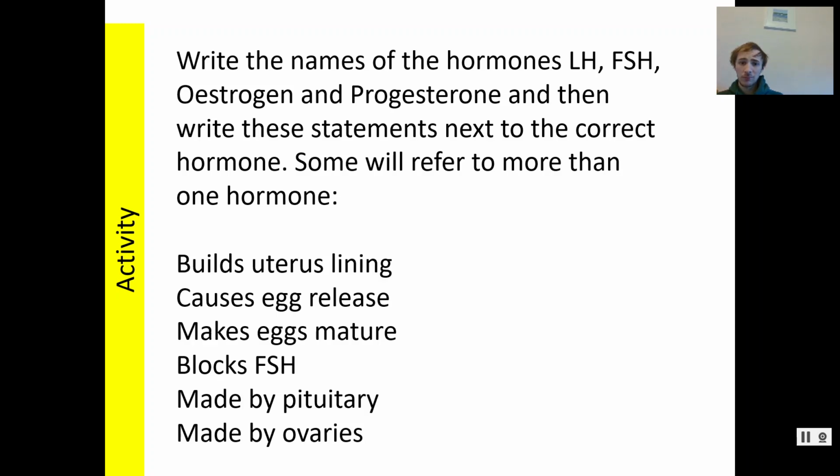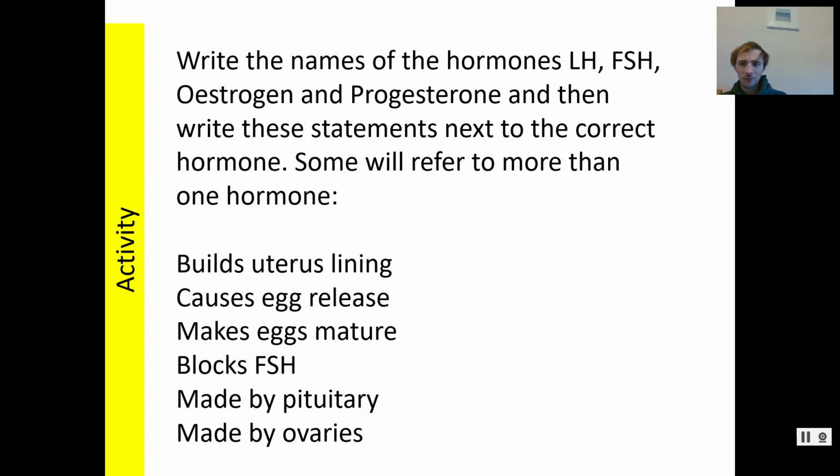Made by the pituitary. Now, that's a very interesting question, and it's slightly different. And this is something I should have mentioned earlier. Both LH and FSH are released by the pituitary. And this is where we come to a helpful memory thing. Every hormone which you would traditionally abbreviate, which has an acronym, like LH, FSH, and TSH, is released by the pituitary.